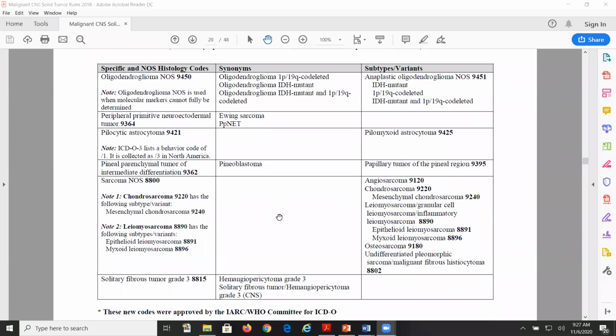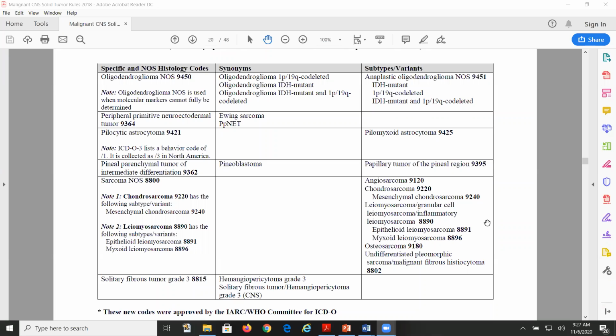And I used the other day our example of sarcoma to show that an NOS histology can appear in the NOS column as well as in the subtype variant column. And you see that here again with sarcoma. You see that chondrosarcoma and leiomyosarcoma appear both in the NOS column as well as in the subtype variant column.